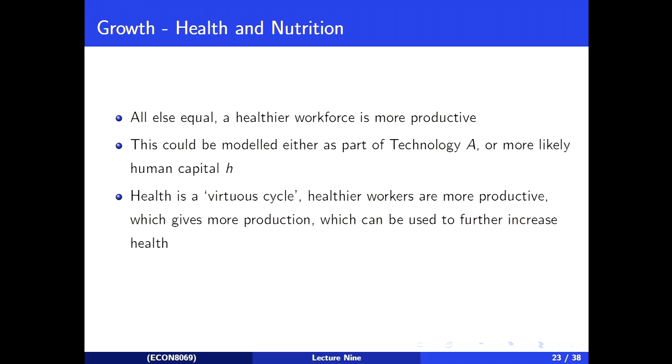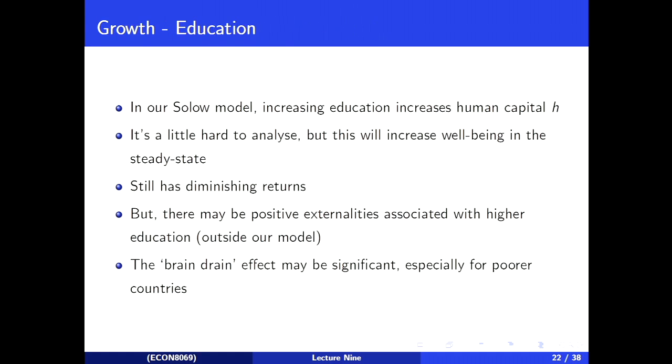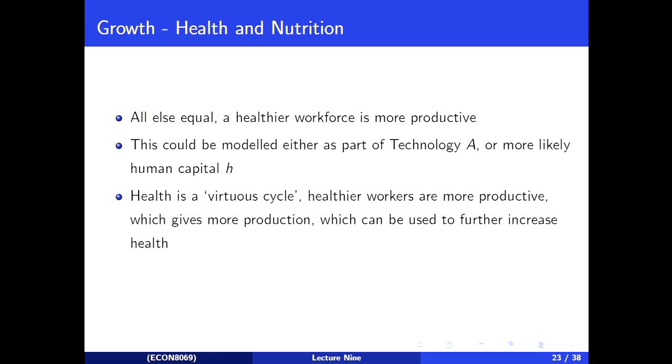Okay. Health and nutrition. This is an actual point here. Yes, encourage health and nutrition. Again, this is a little bit maybe outside our model, but not quite. All else equal, a healthier workforce is more productive. If we would try and include health and nutrition into our model, we would probably put it either in technology A, into our catch-all A, or you could make a strong argument for putting it as part of human capital, because human capital is really skills, education, training.